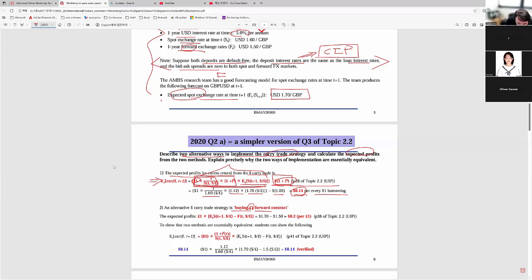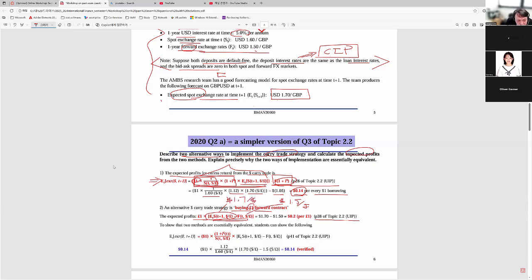This is based on page 38 of the topic 2.2 UIP slide. For every £1 forward contract you buy, this is the expected profit you're gonna get. So it's given that the forward price is $1.5 per pound, and this is the $1.7 per pound.